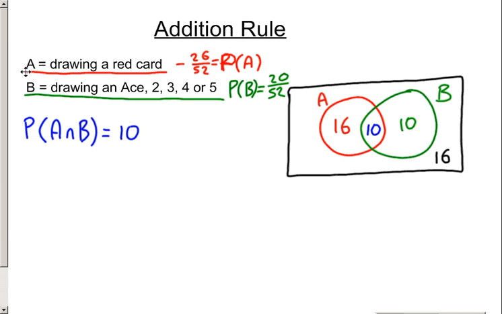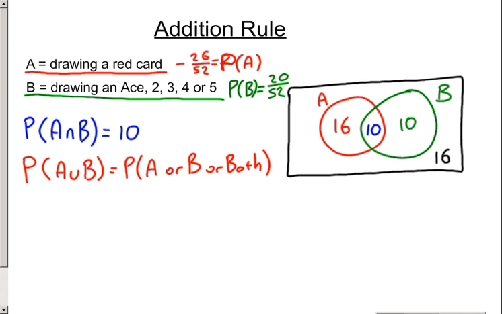Now, the addition rule is when we're talking about or. What's the probability of it being A or B? Mathematically, we talk about that as the union. So the probability of A union B is the probability of A or B, or indeed both of them.